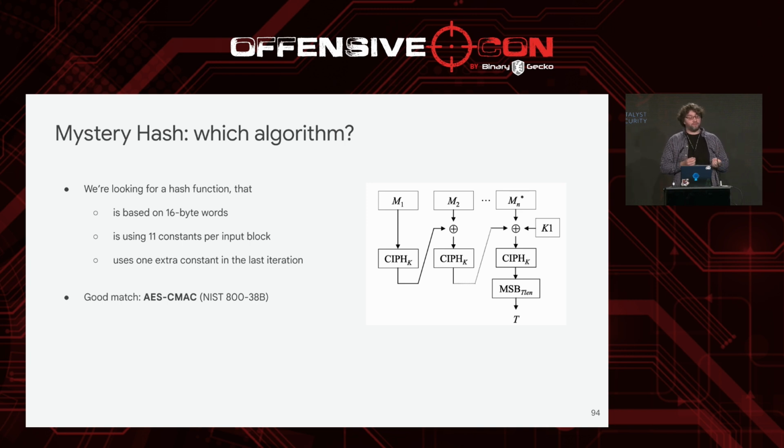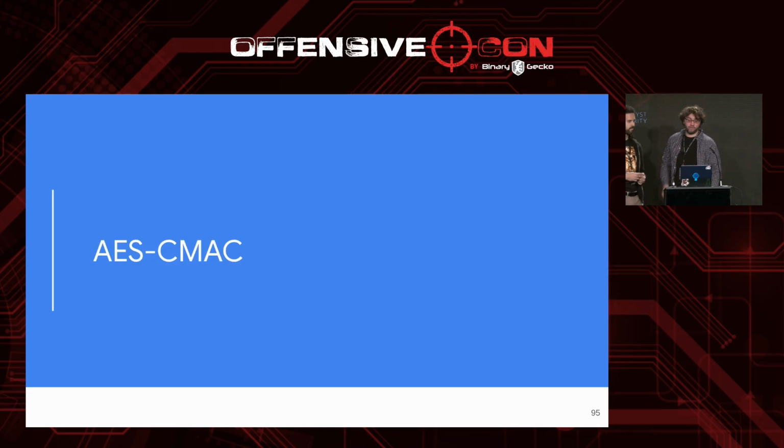The 11 constants are just the AES key and 10 round keys generated from the AES key. In AES-CMAC, we also have an extra constant that's used in the last round, called K1 in the diagram here. So this is a perfect fit, and it turned out to also be the exact algorithm that's used by AMD. And Matteo will tell you more about AES-CMAC.